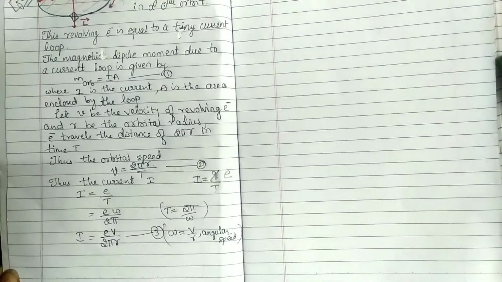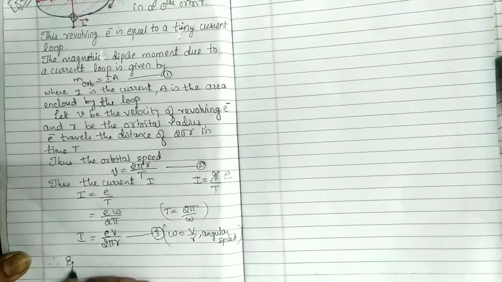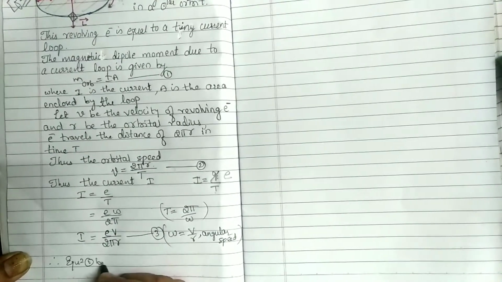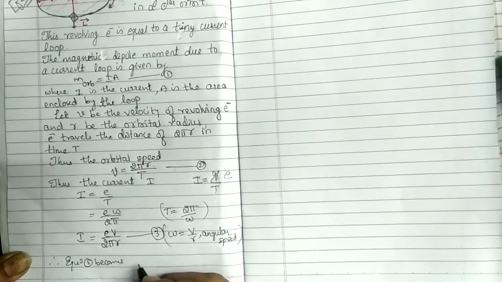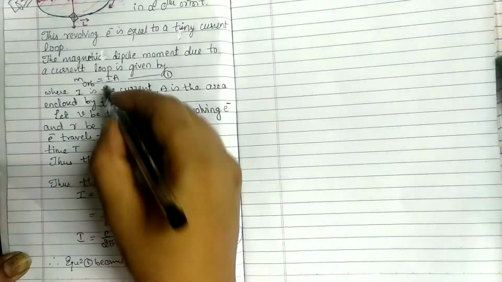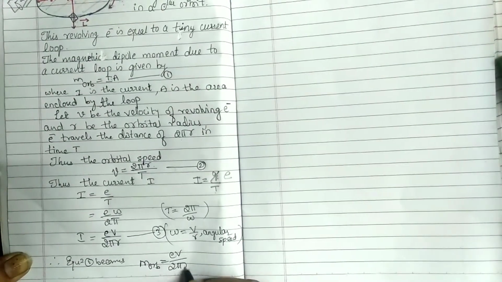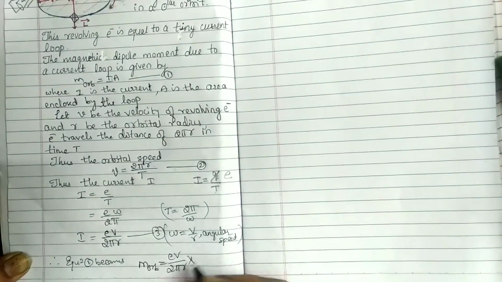Now if you substitute this I value in equation 1, therefore equation 1 becomes, what will it become? M orbital is equal to, what is your I? It is ev by 2 pi r from equation 3. And what is the A?